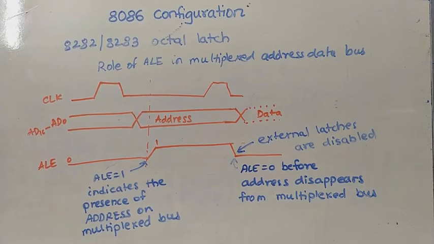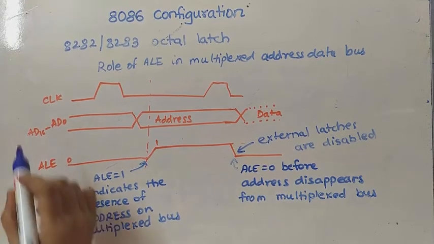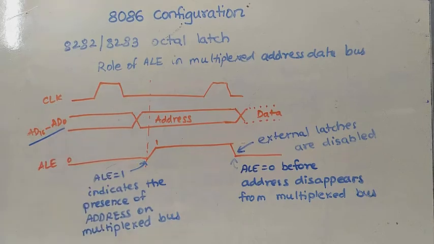In 8086 we know that the address and data bus is multiplexed, that means AD0 to AD15 are the multiplexed address and data lines. The same lines are used to carry the address information as well as data information on a time sharing basis, and that's why we need to demultiplex these address and data lines.